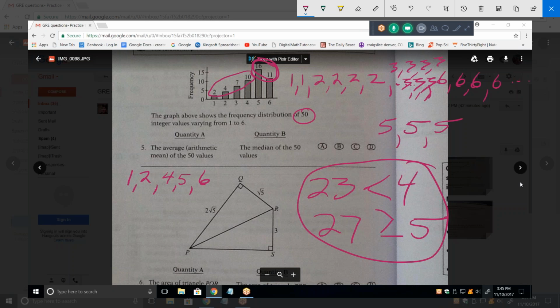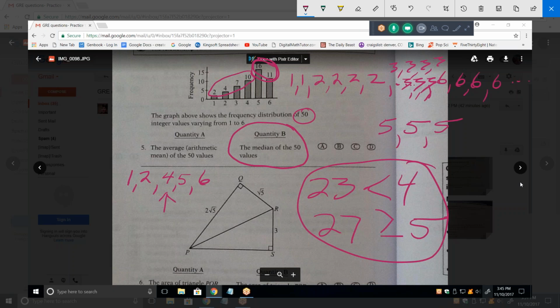What's the median number here? 4. What's the mean? 6, 12, 18 divided by 5 is going to be less than 4. That means B is bigger.